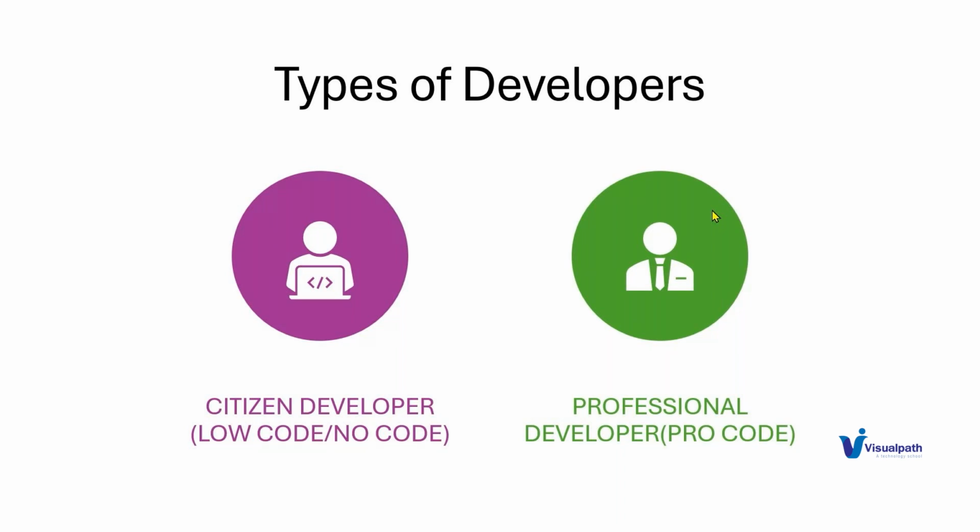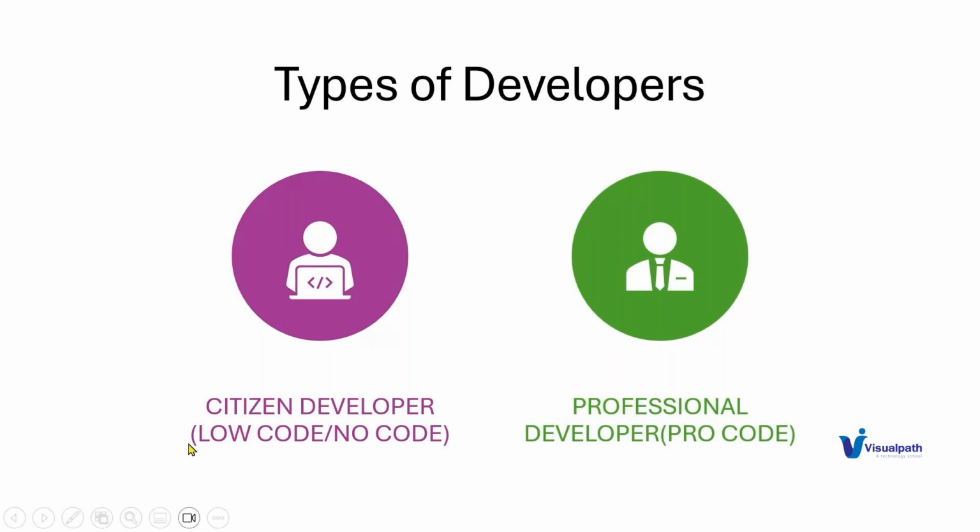You write full code and develop software by writing complete code, and you deal with all the software properly. You have knowledge of computers, so you deal with complete code. That is called a pro code developer, with complete understanding about code.